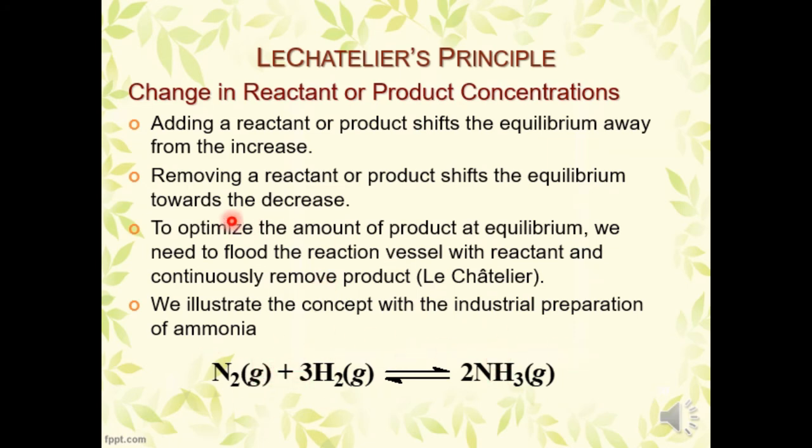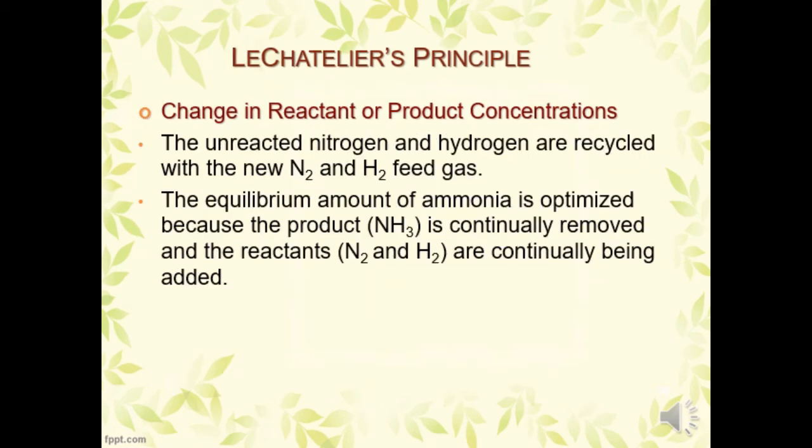That way we can optimize the product, based on Le Chatelier's principle. So the Haber process optimizes the formation of ammonia because it is continuously removed and the reactants are continuously added.